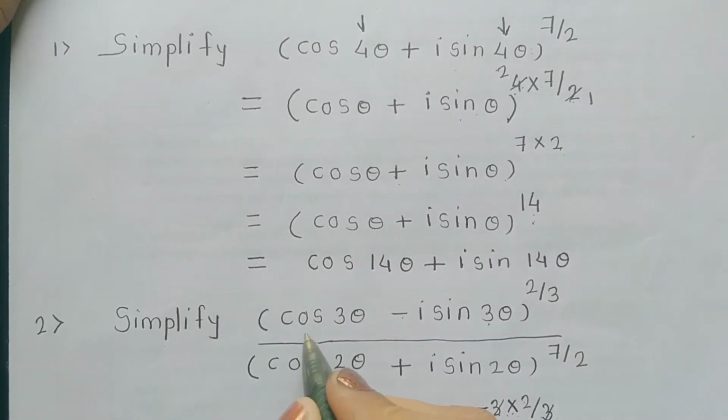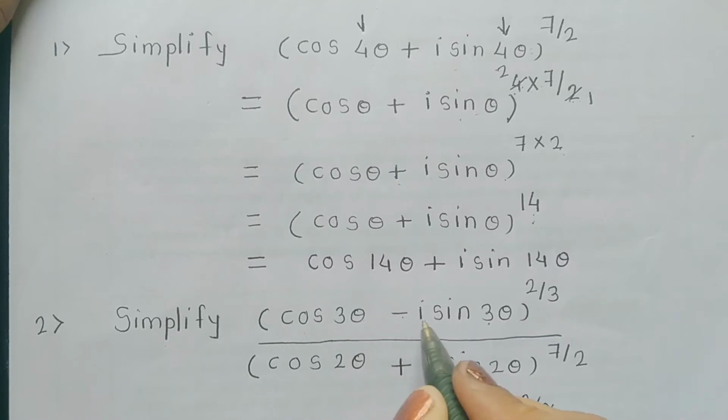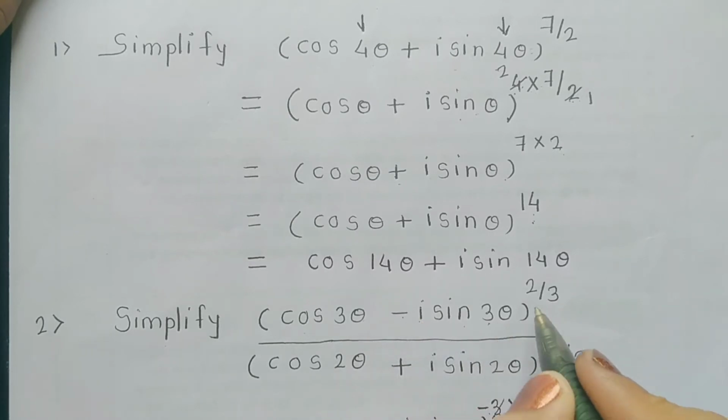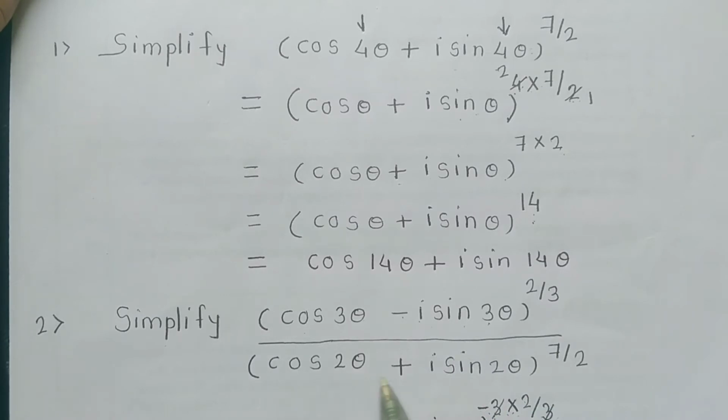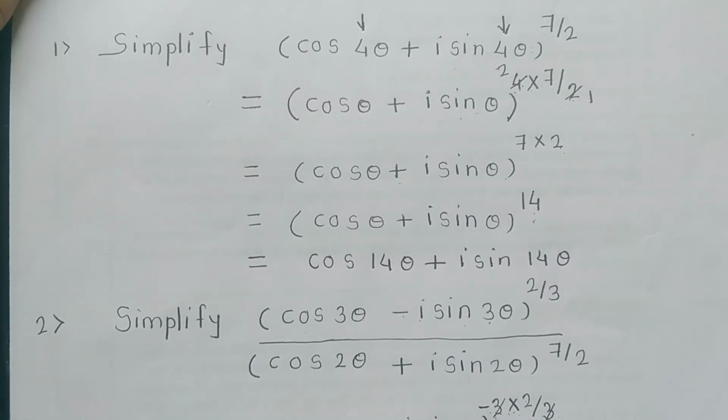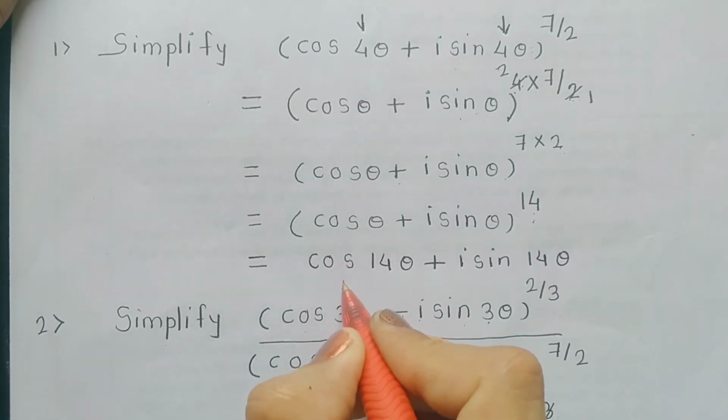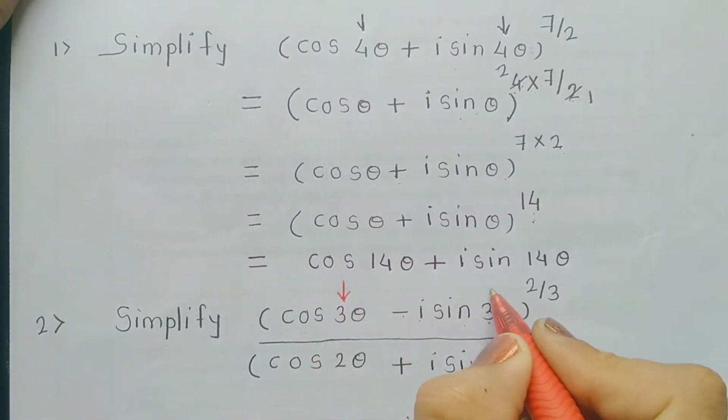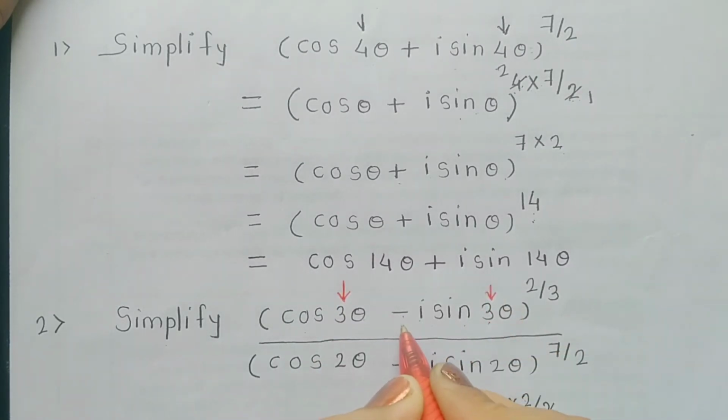Simplify (cos 3θ - i sin 3θ)^(2/3) divided by (cos 2θ + i sin 2θ)^(7/2). In this equation the value of n in the numerator is 3 here, but there is the minus symbol, so that's why the value of n is minus 3.